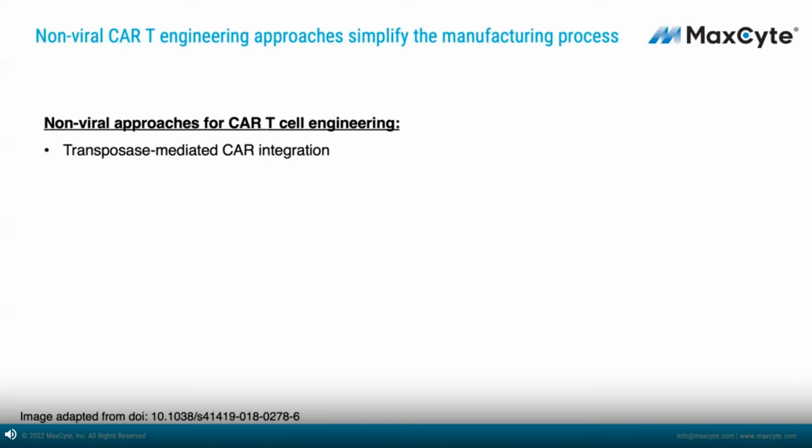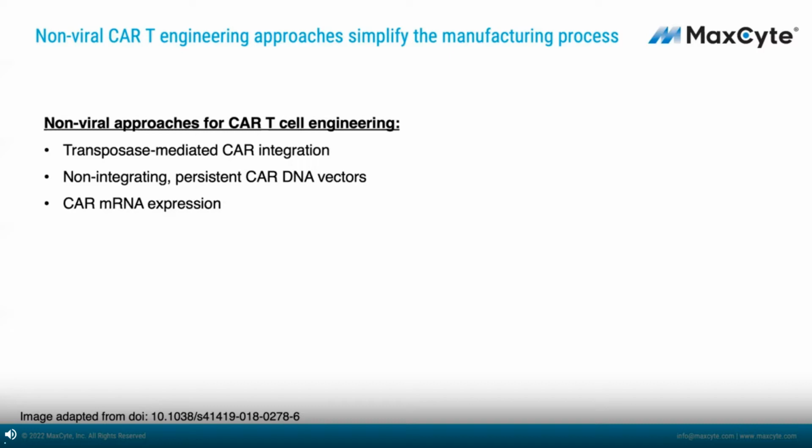These involve transposase-mediated CAR integration using transposases such as PiggyBac or Sleeping Beauty in order to have a stable, semi-random integration of the CAR construct into T cells. There are also non-integrating methods such as persistent CAR DNA vectors, such as epivectors or SMAR vectors, which do not actually integrate into the genome, but will stick around as episomes and allow for stable CAR expression, even through many cell divisions.